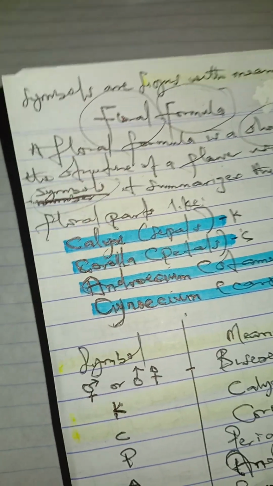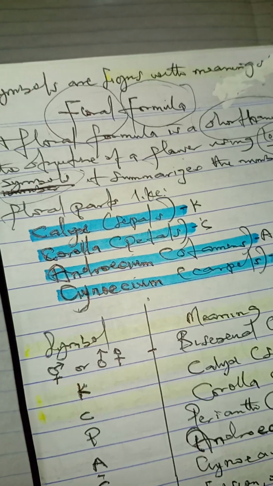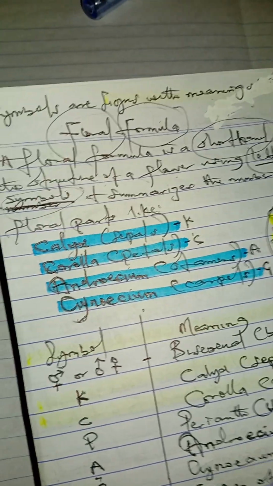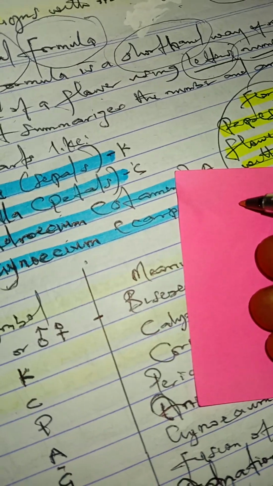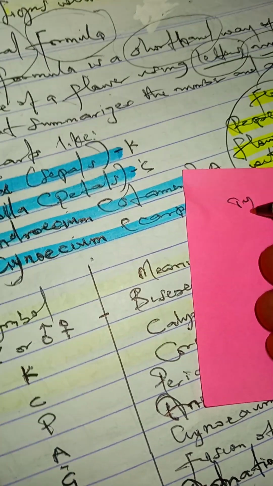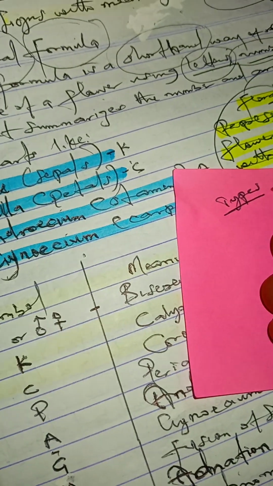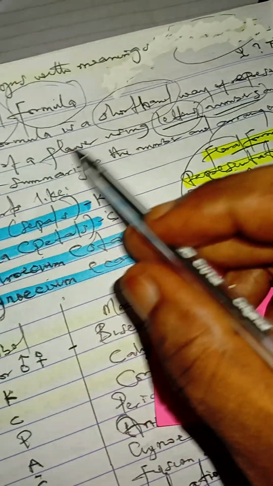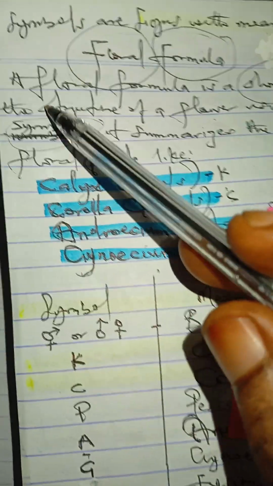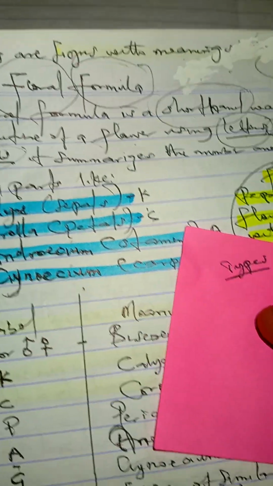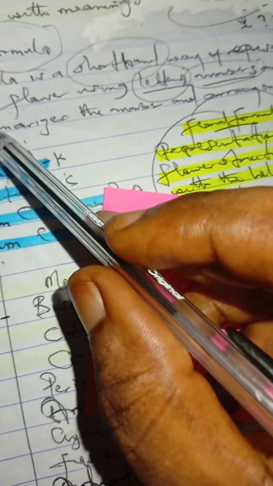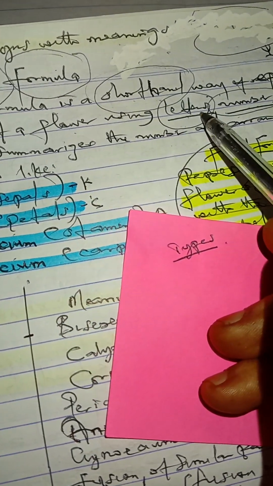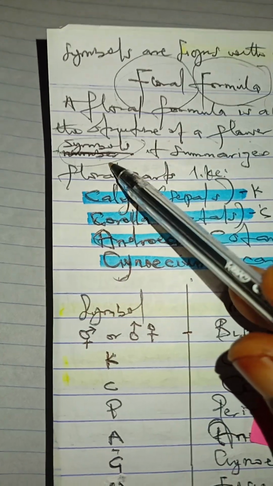When you talk about a flower, if I'm using the types to expatiate on this, we say that floral formula is a shorthand way of representing the structure of a flower using letters, numbers, and symbols.